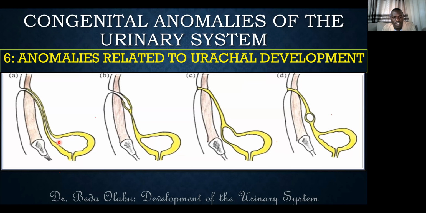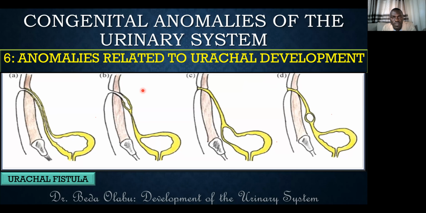And what do you want to call this one, where the urachus is persistent completely? I've forgotten the name. Okay, when you have an abnormal tract connecting two surfaces, what do you call it? Fistula. Fistula, good. So this is urachal fistula.